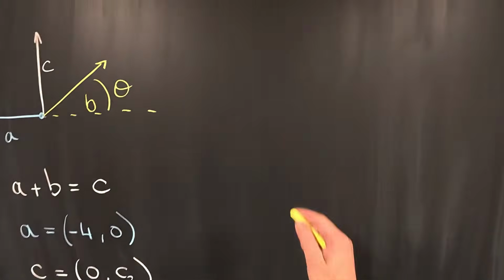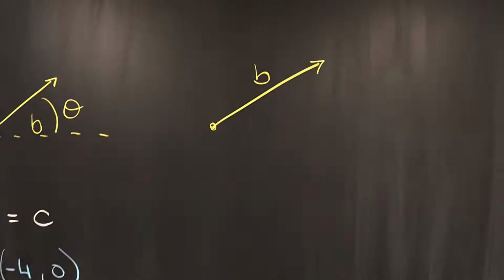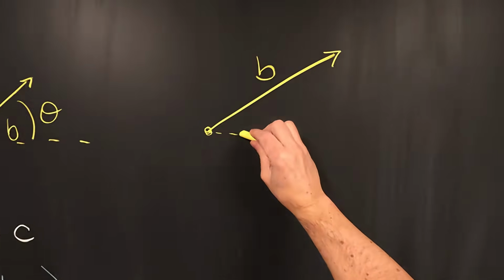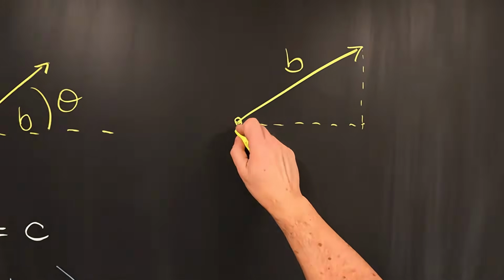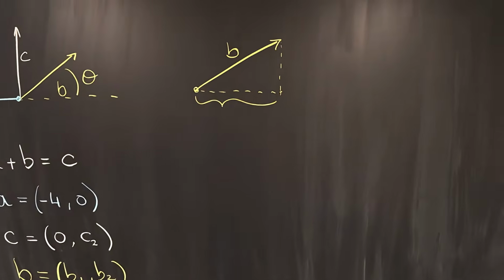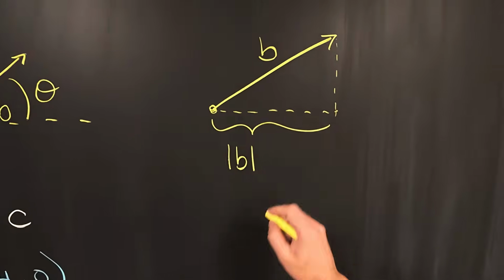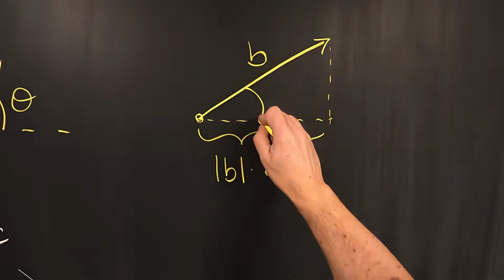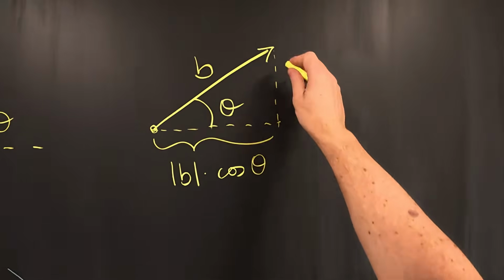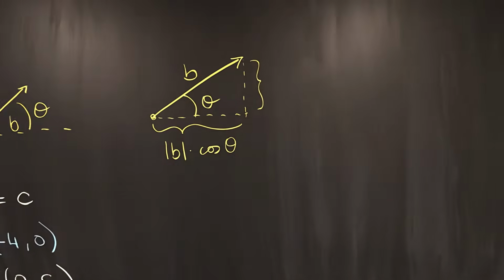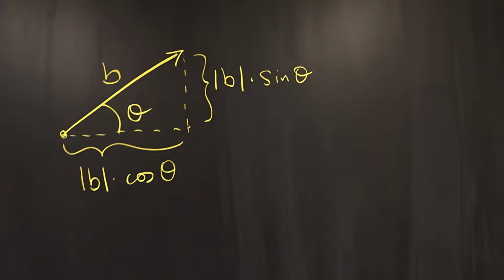If I decompose my vector B, here is B, and I want to know the coordinates of this vector, then from trigonometry, I know that this length will be the length of B times the cosine of the angle theta. And from trigonometry, I also know that this length here is the length of B times the sine of theta.